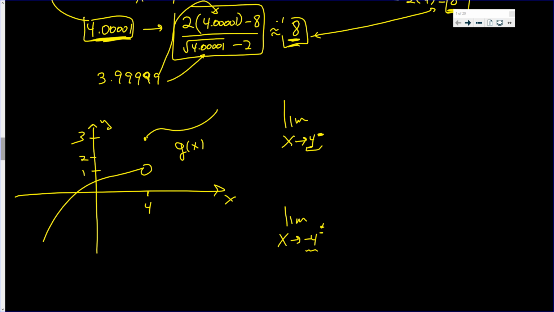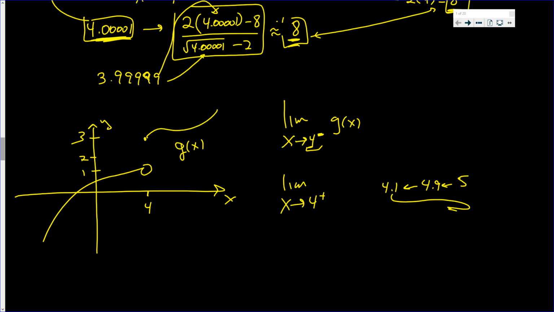Okay. I want to know what that limit of g of x equals. I want to know what this limit equals. This means to the right of 4, getting really, really close to 4, but from above 4. Maybe it's going to be 5, and then 4.9, and then 4.1.